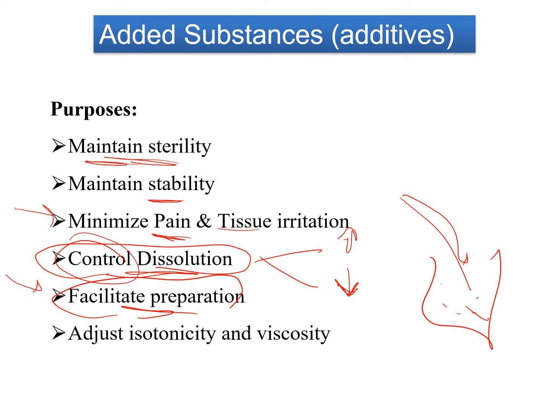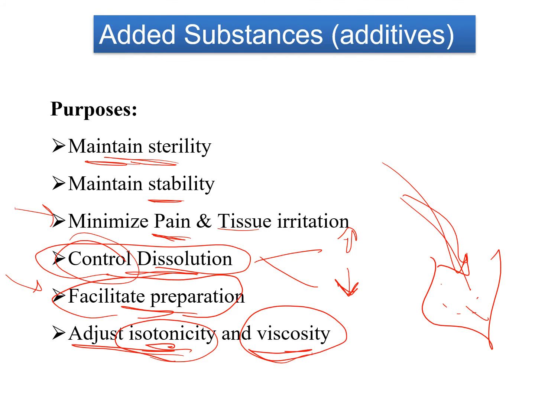So to facilitate preparation and fill the vial, you need to add something also to increase flowability, like tablet. You need to adjust isotonicity, and we will understand in this presentation or in the next one the meaning of isotonicity, and we need to adjust the viscosity also. It shouldn't be too viscous, or also not too loose if it is sustained release.